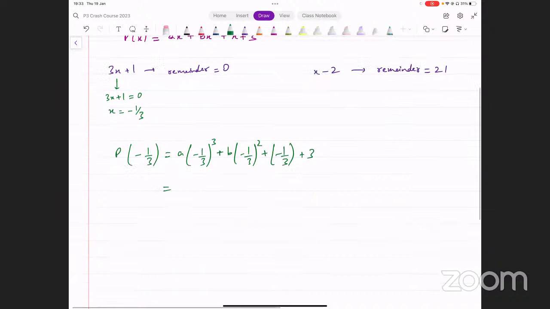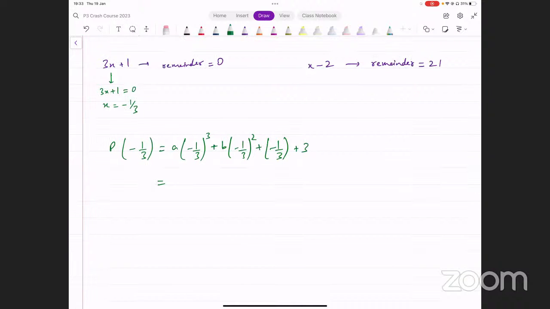Now, what does this simplify to? Remember, when we take cube of negative numbers, the negative sign stays there. Minus 1 over 3 whole cube, that's going to give us minus 1 over 27 times a.